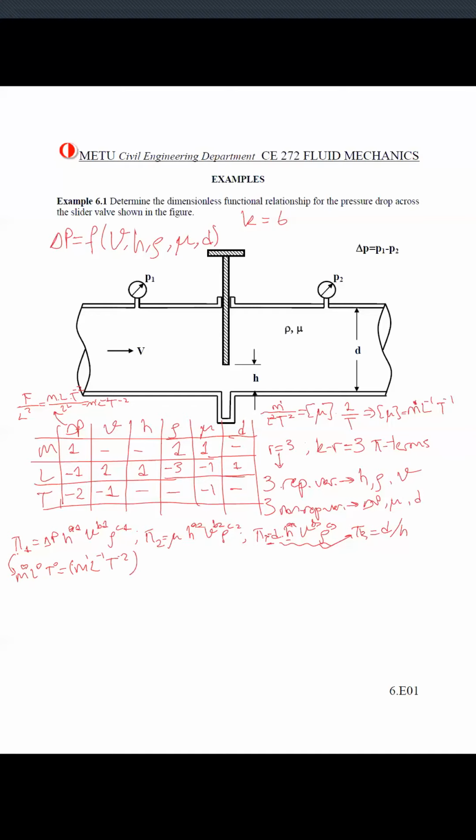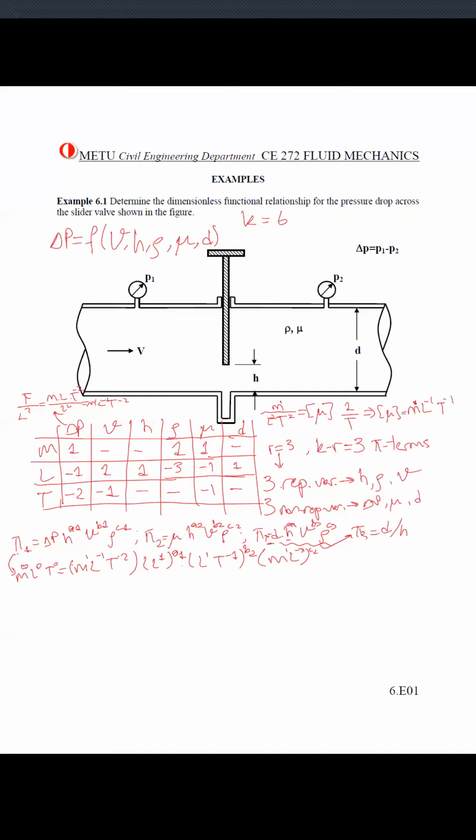H has dimension of L to the power 1, to the power A1, and V has dimension of L to the power 1, T to the power minus 1, as a power of B1, and rho has dimension of M to the power 1, L to the power minus 3, and has a power of C1.